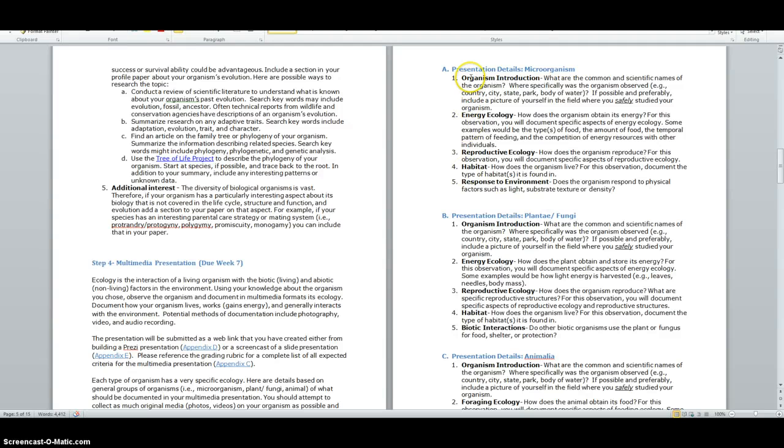Generally, you're going to have an organism introduction. You're going to discuss the energy or foraging ecology, how that particular organism acquires its energy via food or other means, how it reproduces, its natural habitat, and how it responds to the environment. These are different than what we covered in the paper. So again, make sure you're consistent including the proper facets in your paper versus the presentation.